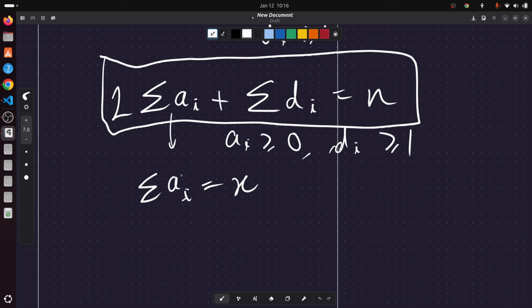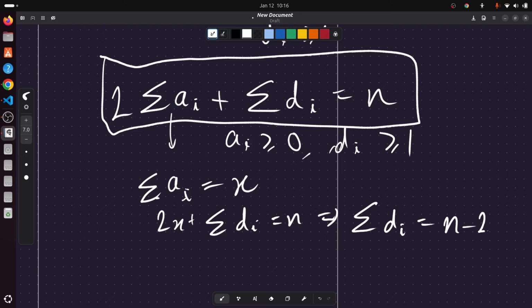I will fix this summation of ai to be some x. Alright. So what I get here is 2x plus summation di is equal to n. So that means the summation of di is equal to n minus 2x. Right. So now there are two questions. In how many ways can this summation ai be equal to x?